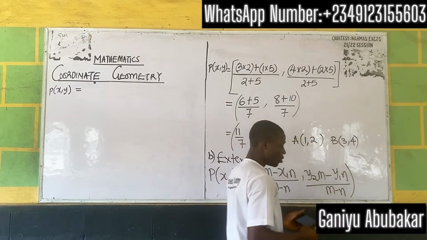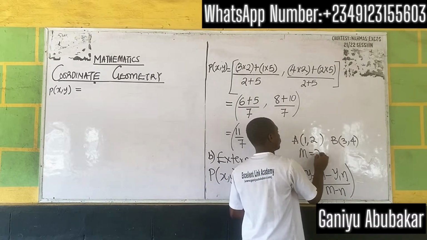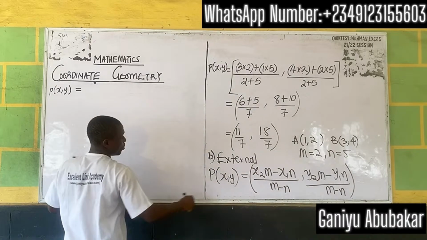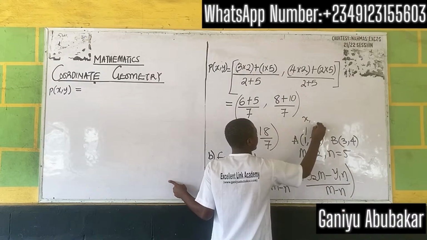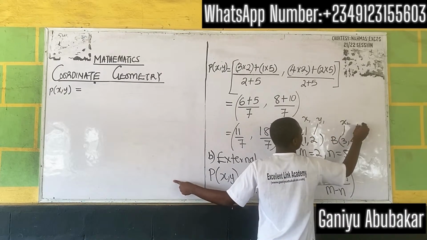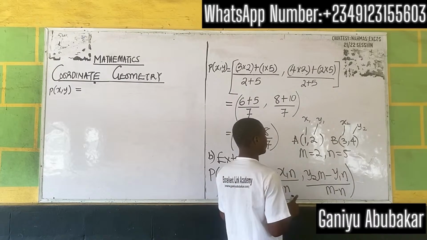And we said m is 2 and n is 5. So from here, this is x1, y1, this is x2, y2.